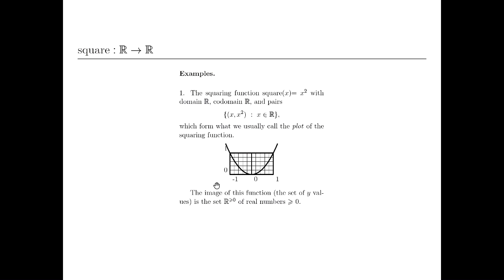The image of this is the set of all non-negative reals, right? We can't get negative numbers out, but we can get any other number out, because if you want a proof that you can get out a non-negative number y, the proof is when you feed in square root of y, you get out y, right?